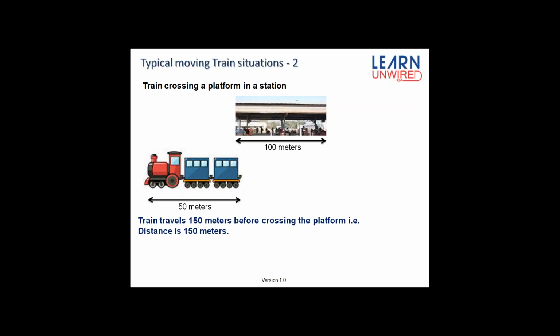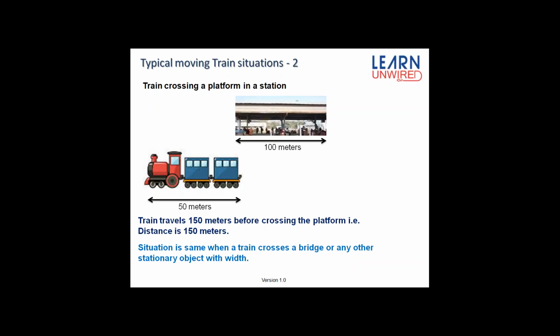So the train travels 150 meters before crossing the platform. That is, distance here is 150 meters. And the situation is the same when a train crosses a bridge. It's the same situation where you have to add the length of the bridge and the length of the train, or any other stationary object which has some width. And that width has to be added to the length of the train. Clear?